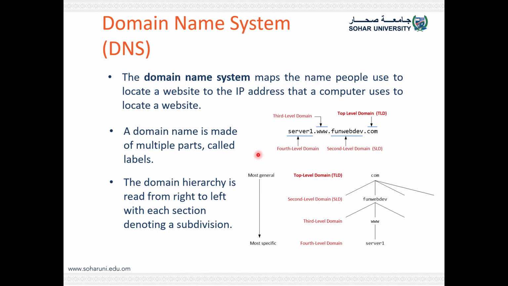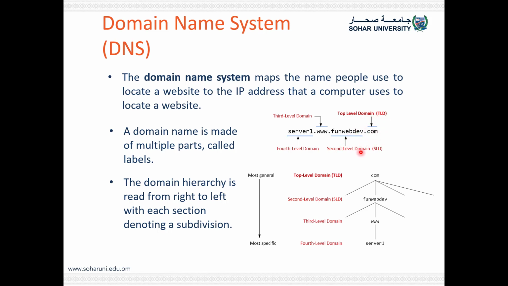Now, this domain name, as we can find here in this figure, has been divided into multiple parts, called labels, or what we call subdivisions. The domain name is always written from right to left. So we have the top level domain, which is, for example, .com, .om, .org, .net. This subdivision is called the top level domain.